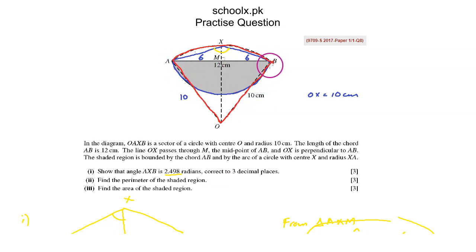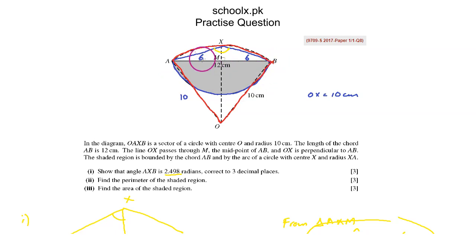And arc AB has a center at X. So we can find the arc length of AB by the formula R times theta. R will be the radius of the arc, which is AX, and theta will be this angle at the center of the arc. Once you find this arc length AB, we'll simply add 12 to it, which is the length of the line AB, to find the perimeter of the shaded region.